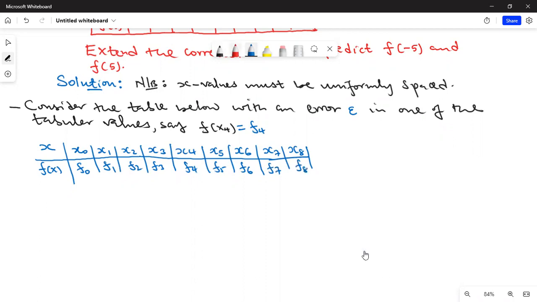So I need to know the error in each of those functional values. So I'll add another row for the error. Let's say error term. It's not even a function of x, but a constant, so you can just have e to denote the error.